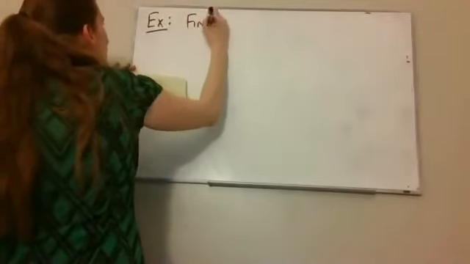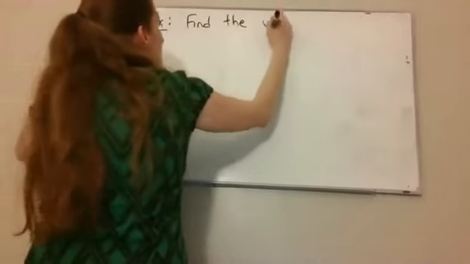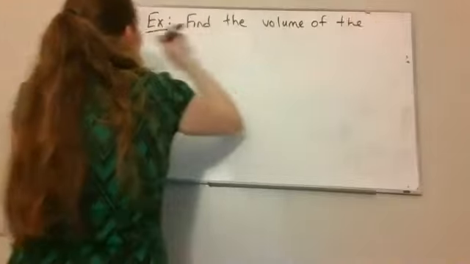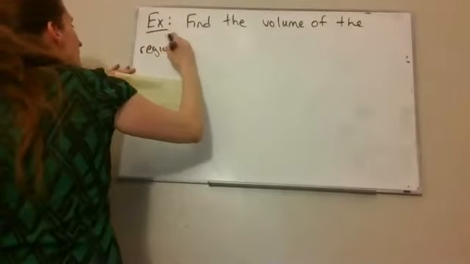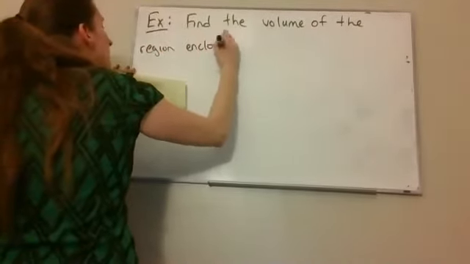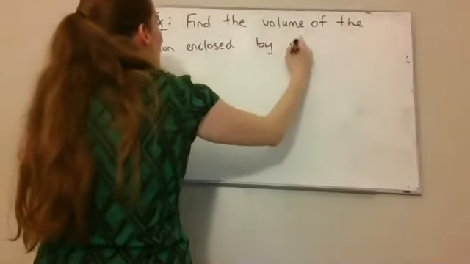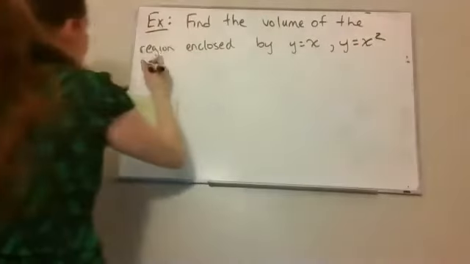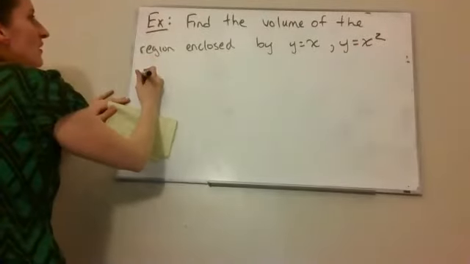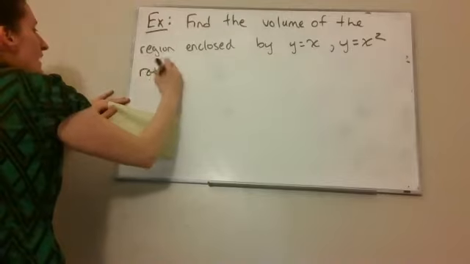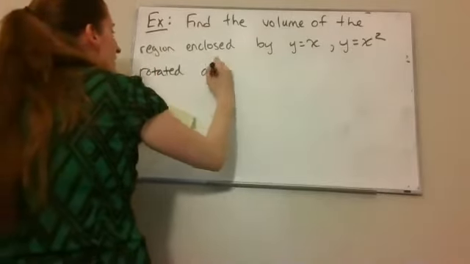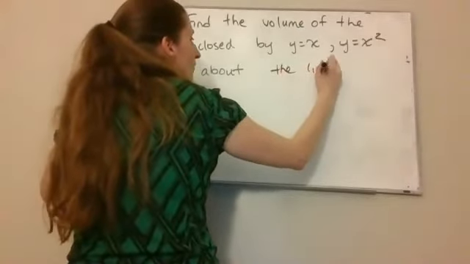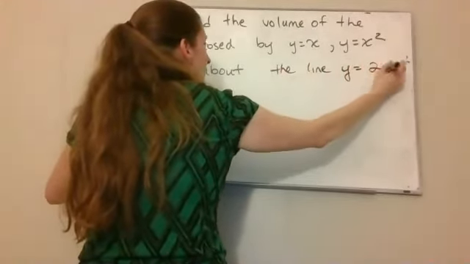Find the volume of the region enclosed by y equals x and y equals x squared, rotated about the line y equals 2.